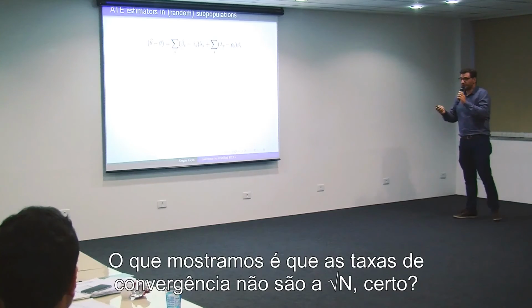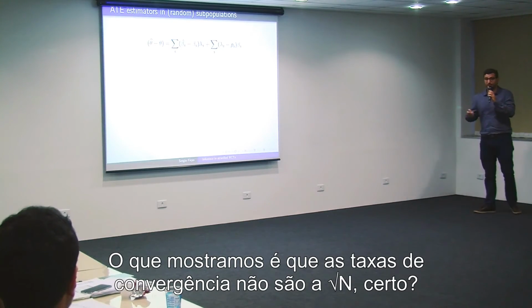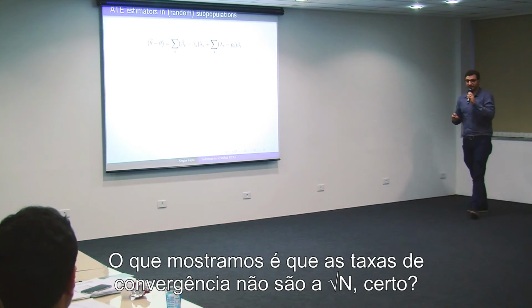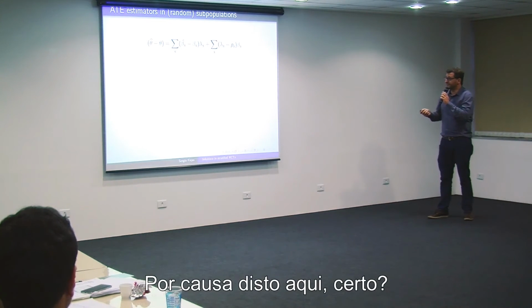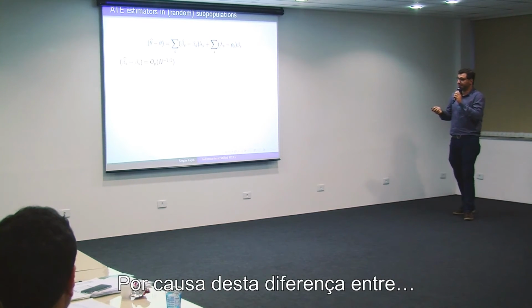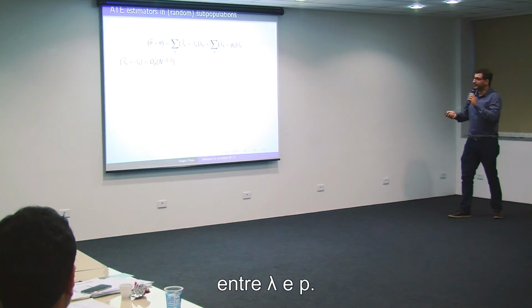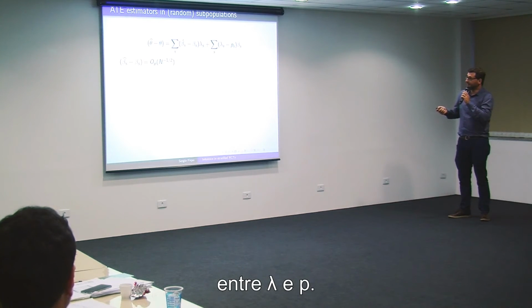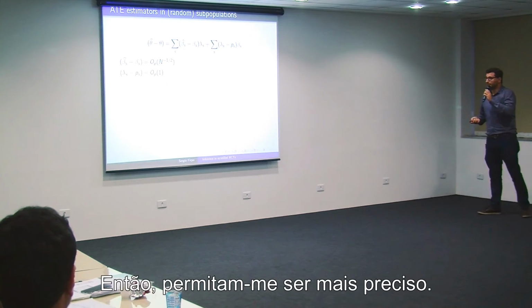What you show is that the rate of convergence is not square root of n, because of this difference between lambda and p. So let me be more precise.